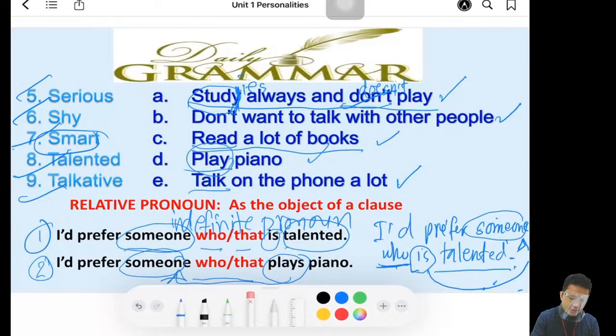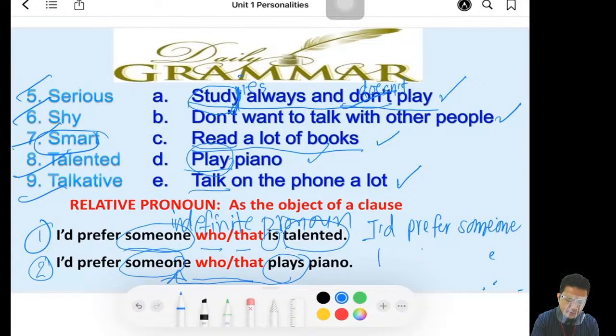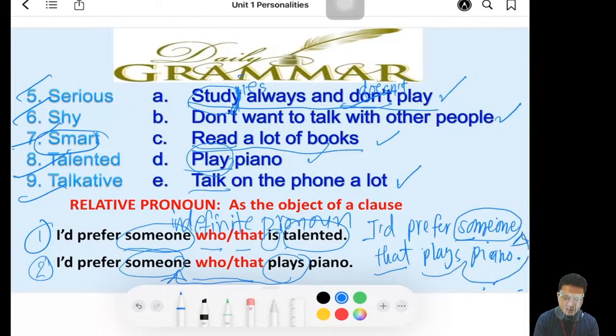Now this time, let's try to use the meaning of talented in a sentence, same structure, using I prefer someone, but this time we're going to use that instead of who. I prefer someone that plays piano, for example. Okay, good. So this is our object of the clause, relative pronoun. This is the verb that agrees with someone. It is always singular, and this is the meaning of the word talented.